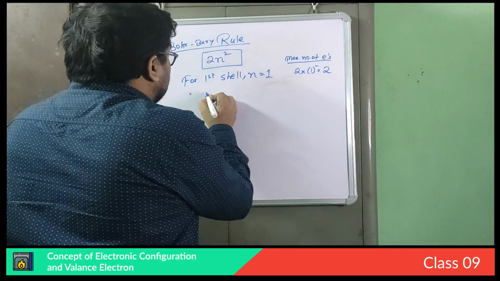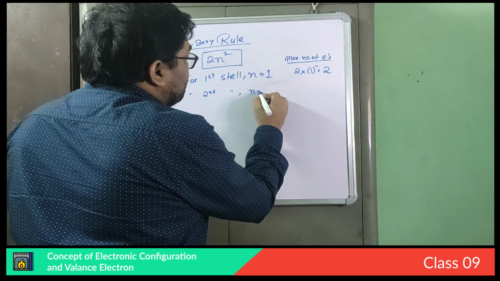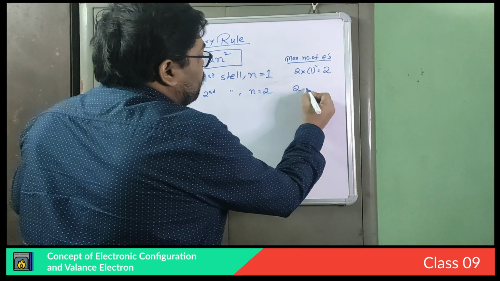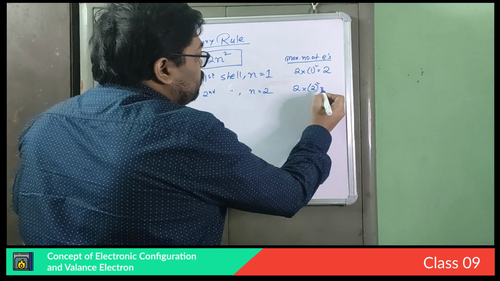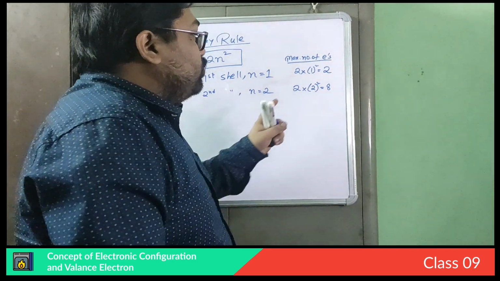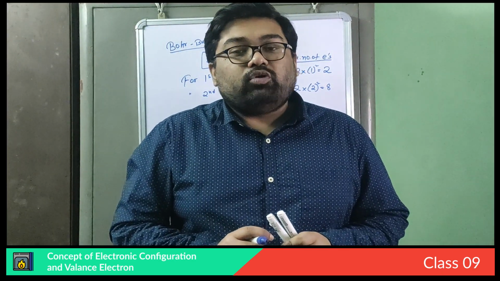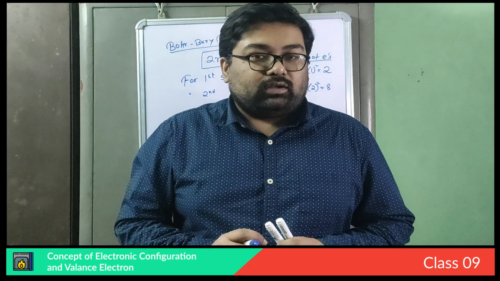Understood? Similarly, if I consider the second shell, what will be the value of n? n will be 2. And for this, the maximum number of electrons will be 2 into n square. n is 2 here. So 2 into 2 square means 2 into 4, that is 8. So we can say that the second shell, that is the L shell, will accommodate a maximum of 8 electrons, not more than that, right?